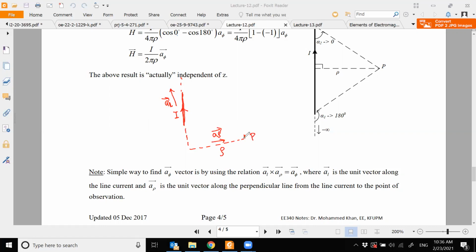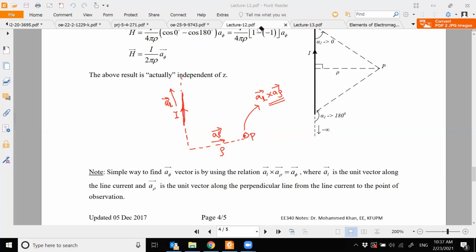Therefore you can find the magnetic field at this position. The direction of the magnetic field will be a L cross a rho. You need to find these unit vectors, and if you take the cross product, you will get the direction of your magnetic field.